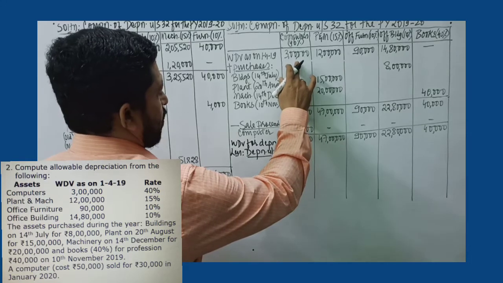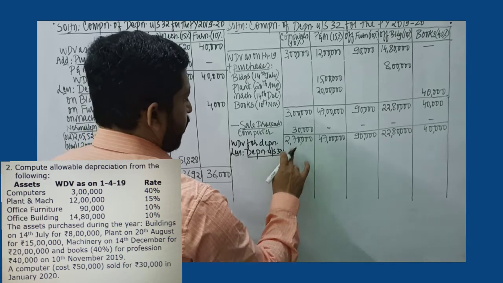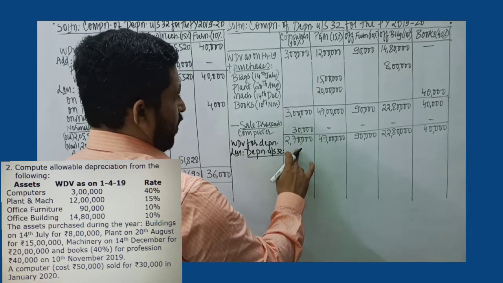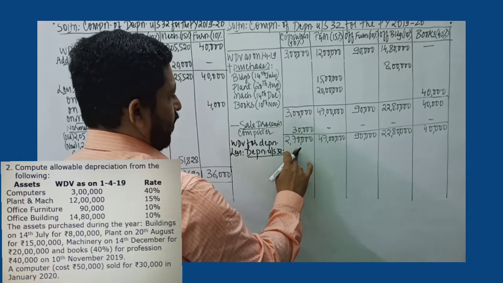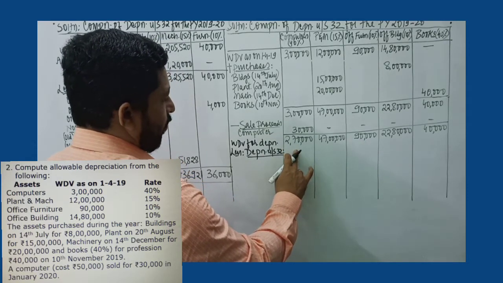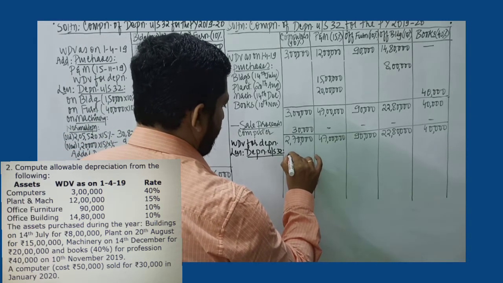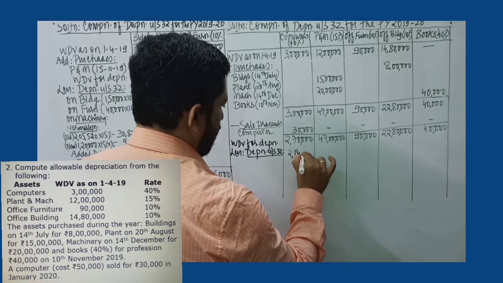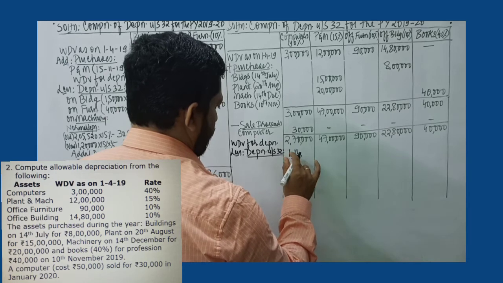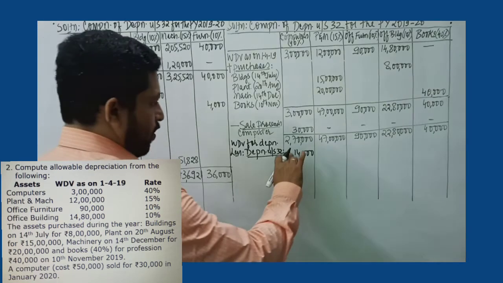So we will take depreciation on computers. So I record depreciation on computers, the rate is 40%. There are no purchases of computers during the year. So 2,70,000 into 40% would be 1,08,000.